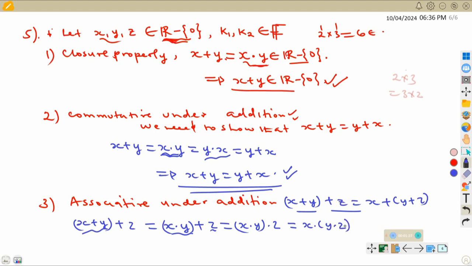And again we can write this as x plus y times z, by definition of addition. If we are multiplying, then we add. So x plus y times z is the same as y plus z. So clearly, you have this equal to this, and this axiom is proved. That is associativity and addition.